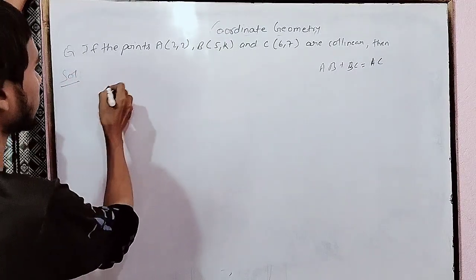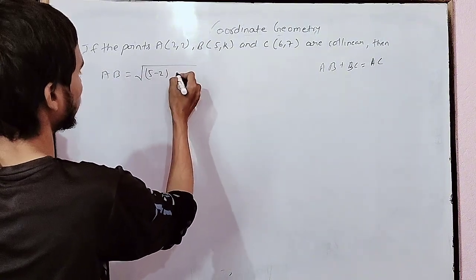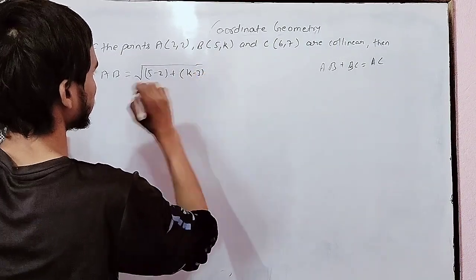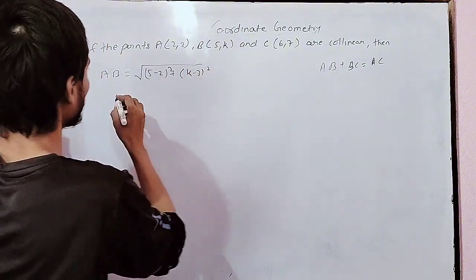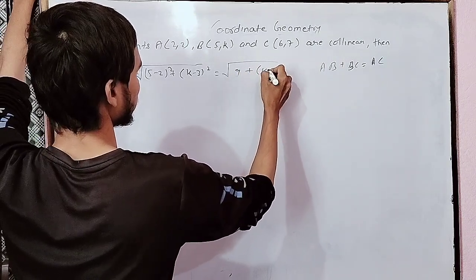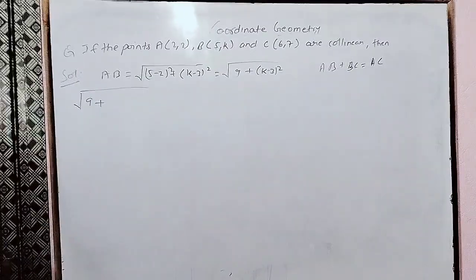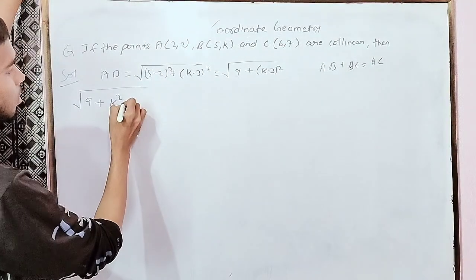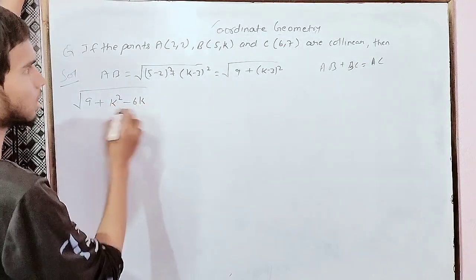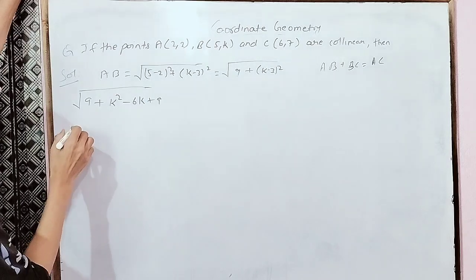We already know the distance formula. We start here: 5 minus 2 is 3 and k minus 3, squared. So 3 squared is 9, and (k minus 3) squared gives 9 plus k square minus 6k plus 9. Clear? Okay, no problem till here.